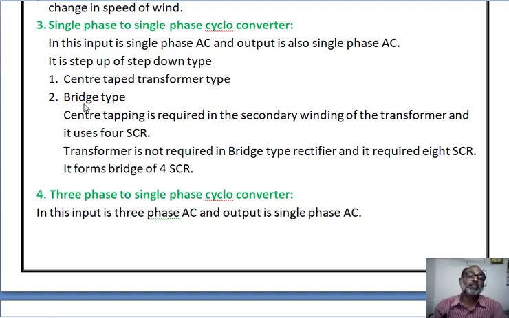In the second case, in bridge type, there is no need of a transformer, but it requires 8 SCR. Four SCR form one bridge and another four SCR form another bridge, so it forms 2 bridges, and each bridge consists of 4 SCR.